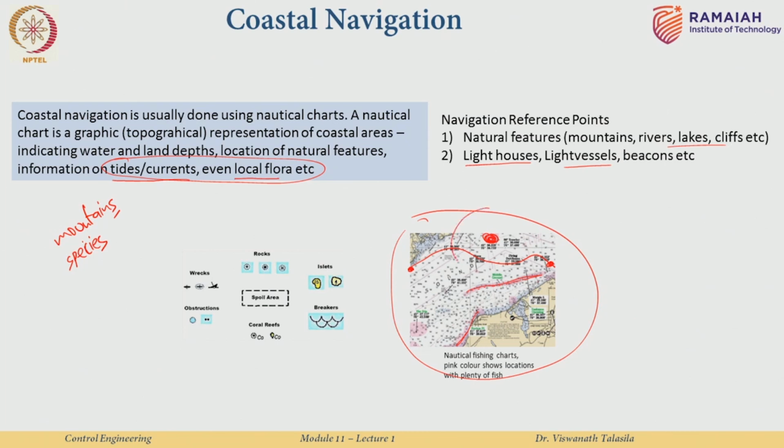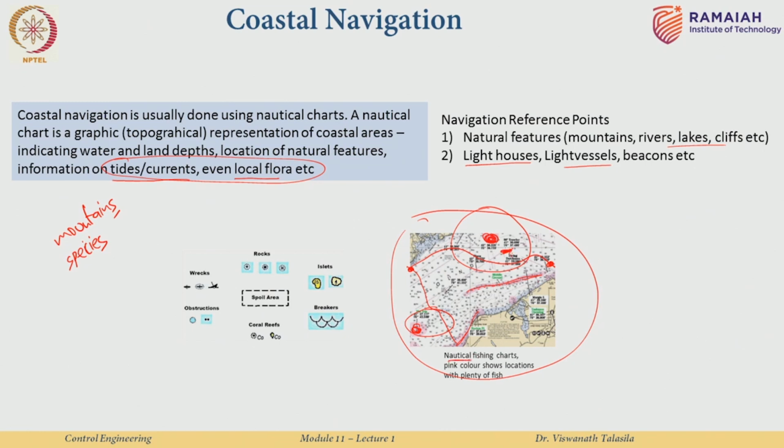They will know that they are somewhere within this vicinity. Whereas, if they come to this region and see a different species of fish over here, they will know that they could be somewhere in this vicinity. They will certainly not be here, because those species of fish do not exist over here.